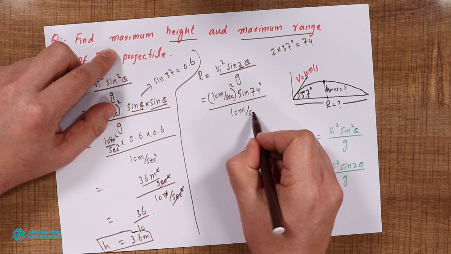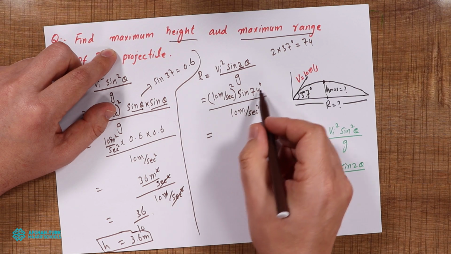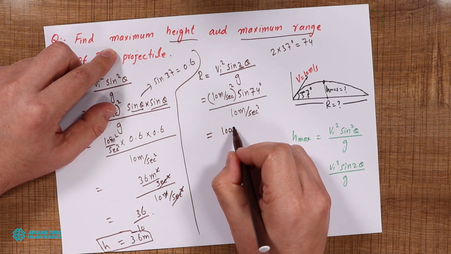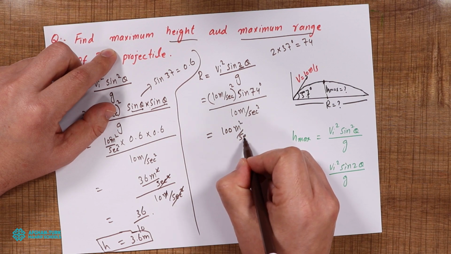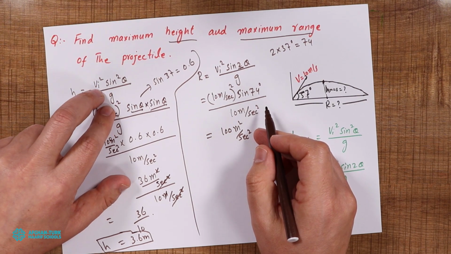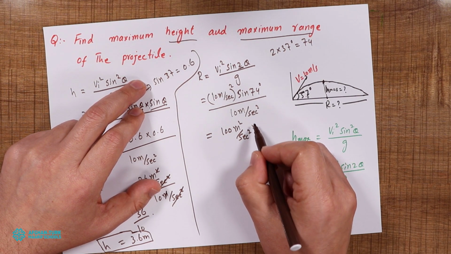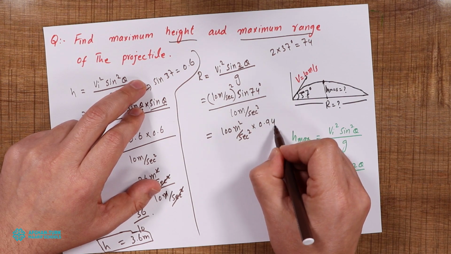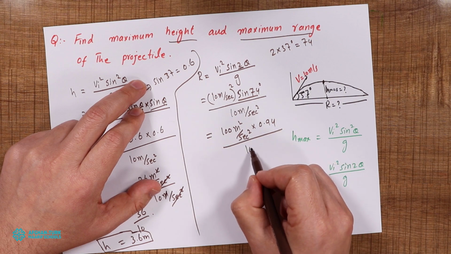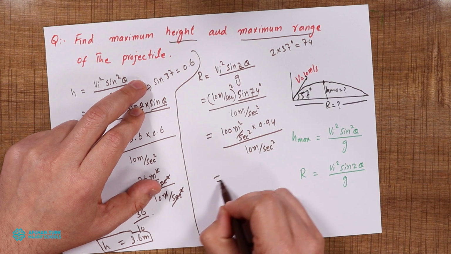Now calculate this value: sine 74 is equal to 0.94. So 100 meter square per second square multiplied by 0.94 divided by 10 meter per second square.